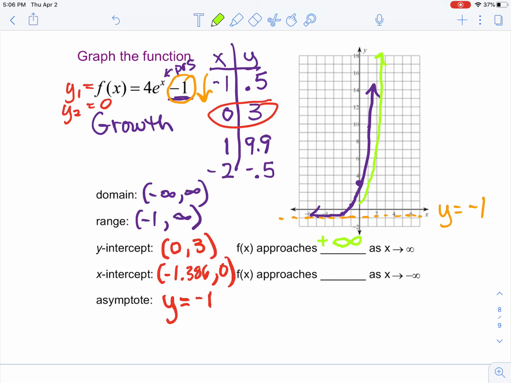F approaches blank as x approaches negative infinity. As my graph goes to negative infinity, what number is it getting closer and closer and closer to? Yep, it is -1. This is how Big Ideas does this problem that I assigned you, so that's why I put it in the notes that way.